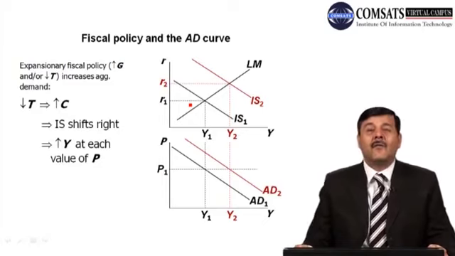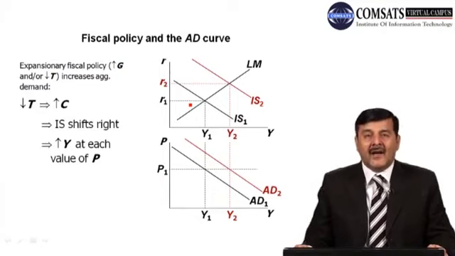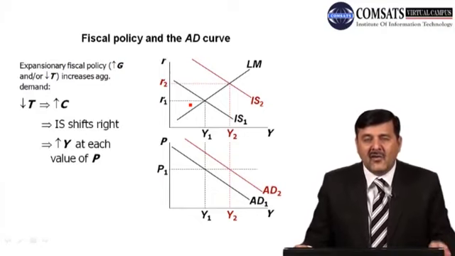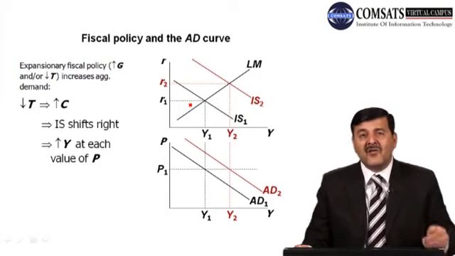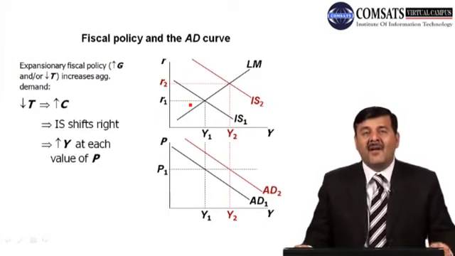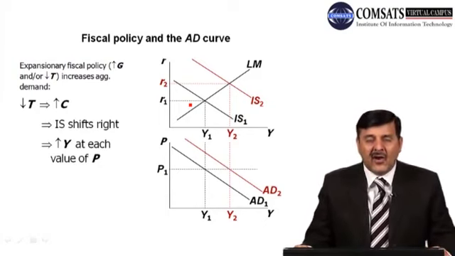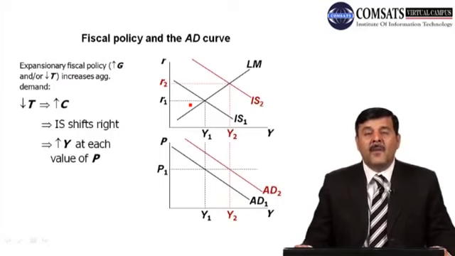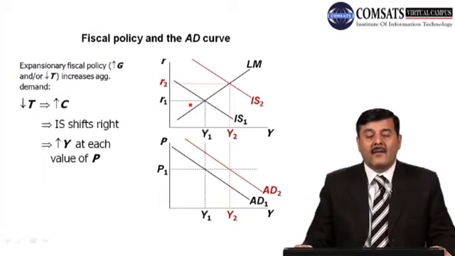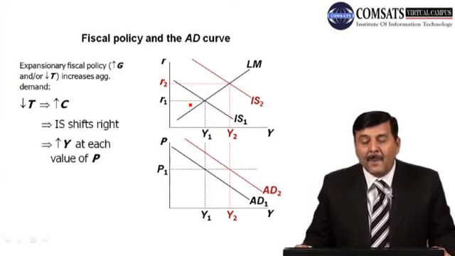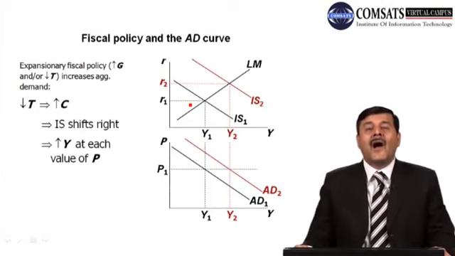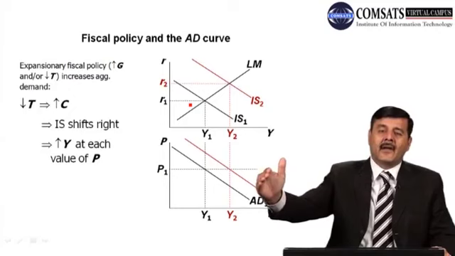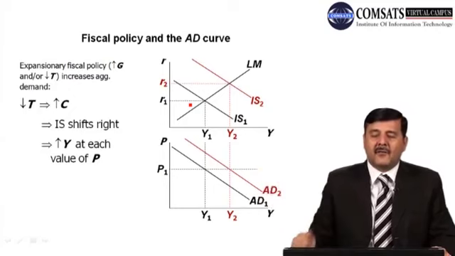Now suppose if the government adopts expansionary fiscal policy. By expansionary fiscal policy means if the government increase purchases, increase in G and decrease in taxes, what will happen that this increase in G or decrease in taxes increase consumption. जब consumption में इजाफा होगा तो overall IS curve जो है rightward shift होगा.